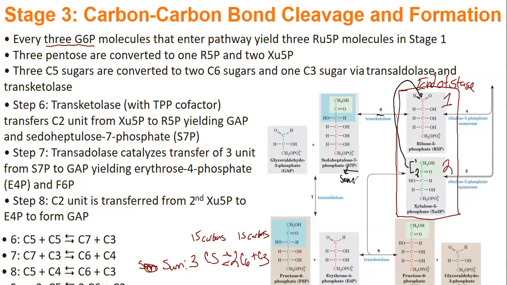plus glyceraldehyde 3-phosphate, GAP. Where have we seen GAP before? This isn't the first time we've encountered GAP. Where else have we seen that?